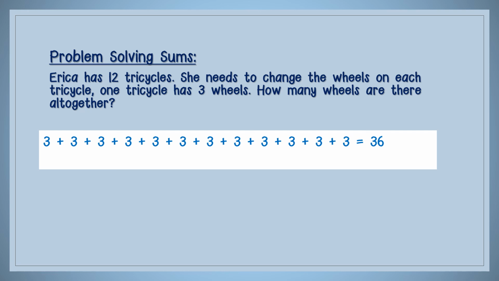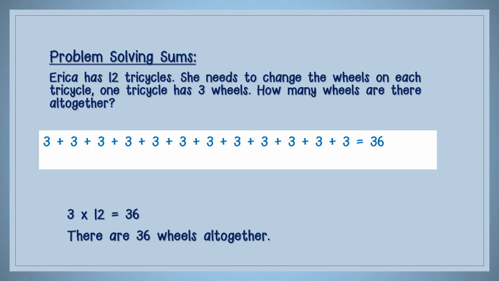So another way of writing 3 plus 3 plus 3 equals 36, we are going to write 3 times 12 is 36. And then we are going to write our sentence, which will be, there are 36 wheels all together.